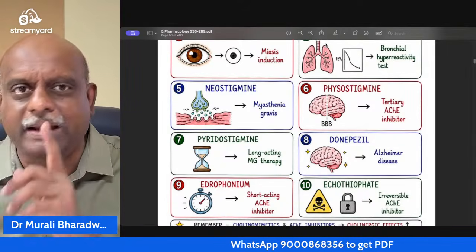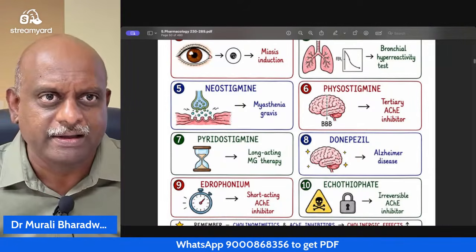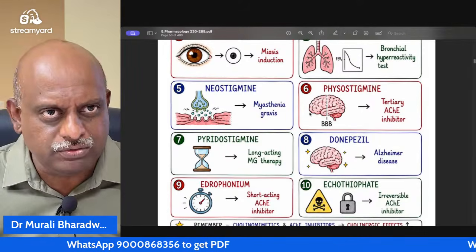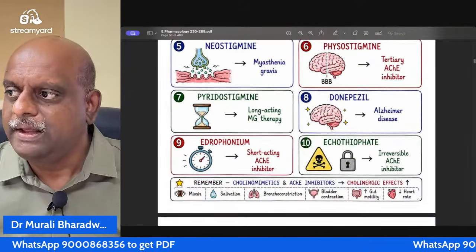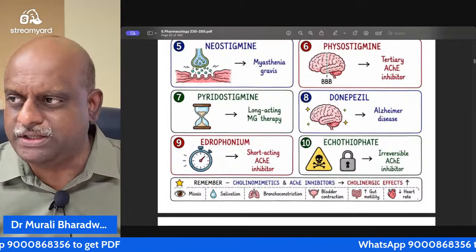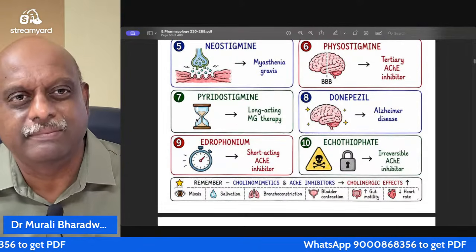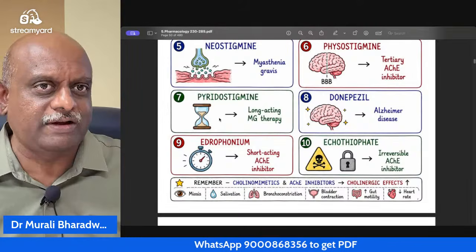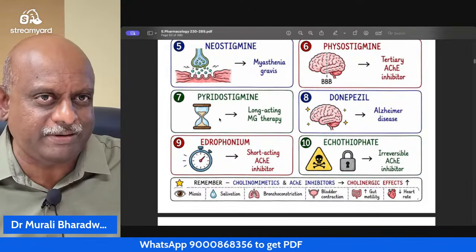So it is cholinomimetic, physostigmine, neostigmine. But neostigmine is more peripheral, physostigmine can go central. Pyridostigmine is used in the long-term management of myasthenia gravis. A lot of myasthenia gravis patients will have a prescription of pyridostigmine tablets.